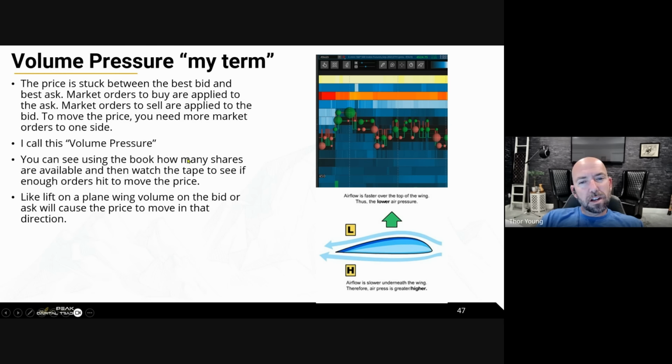And this is that pressure concept that I was talking about, where you have to have certain orders in order to be able to push up or push down. If you get market orders hitting the ask and there are orders to the top side, it's going to move up. And this is very similar to how aerodynamics work on a plane's wing. A lot of you might not know this, but a plane's wing basically moves up and down because it forces wind to move faster over one half of the wing than the other, the top versus the bottom.